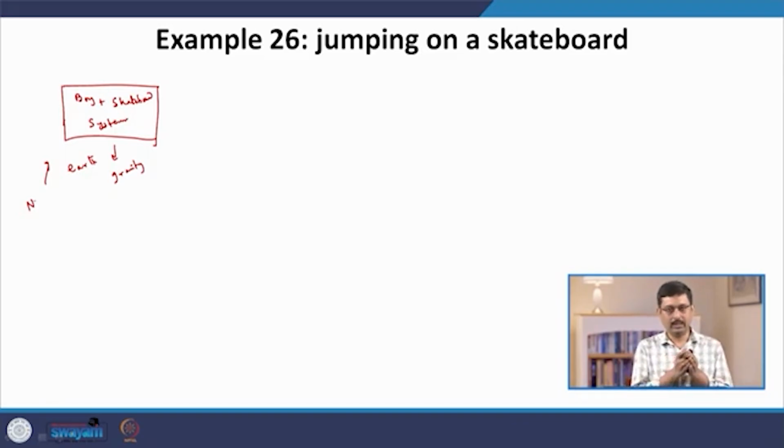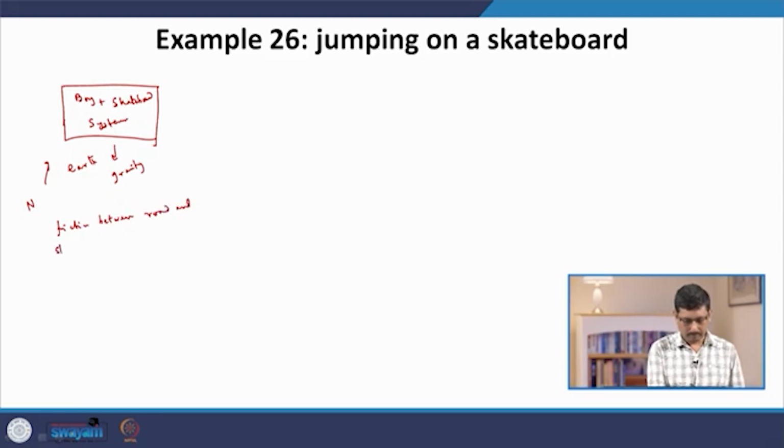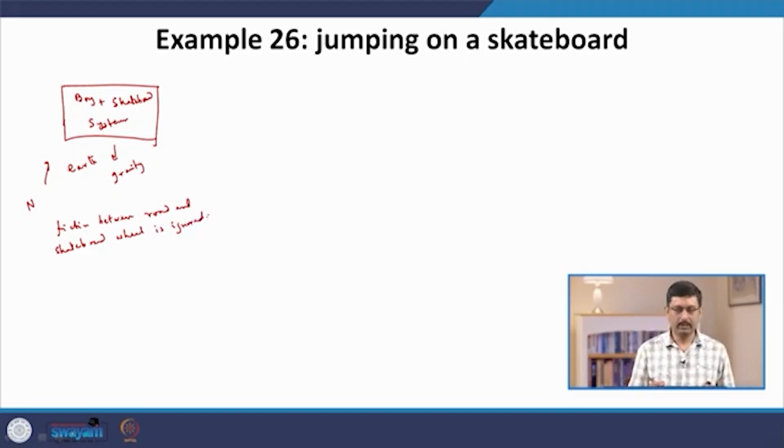The skateboard has just gained velocity from 0 to v, but it has not really moved. This is our assumption. Within that condition, we are going to ignore any friction. This is the situation.